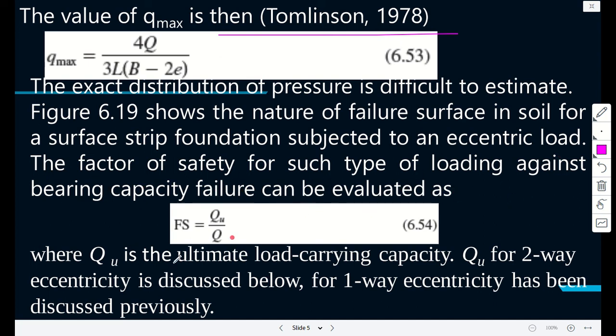as the ultimate load. So the ultimate load we already have from the factors.